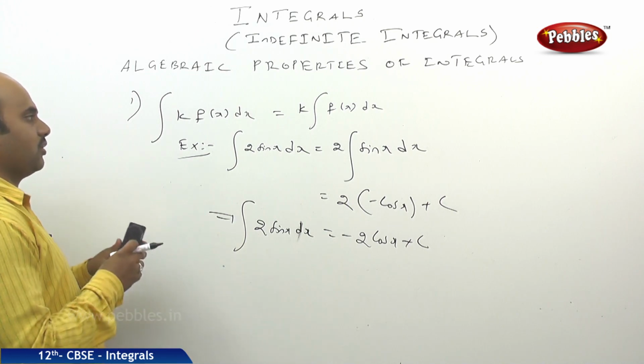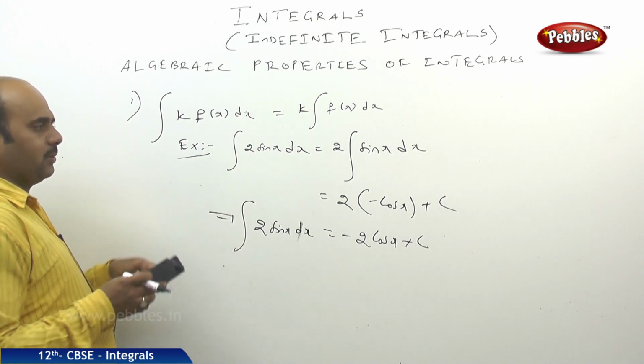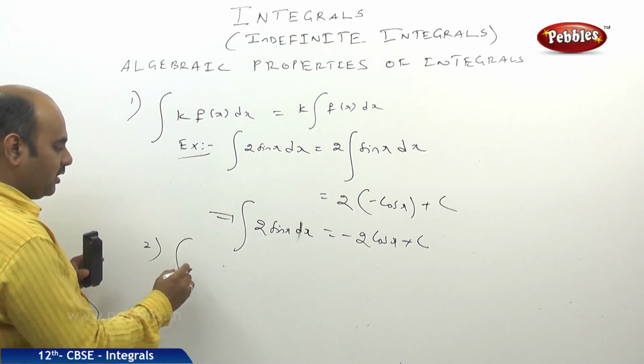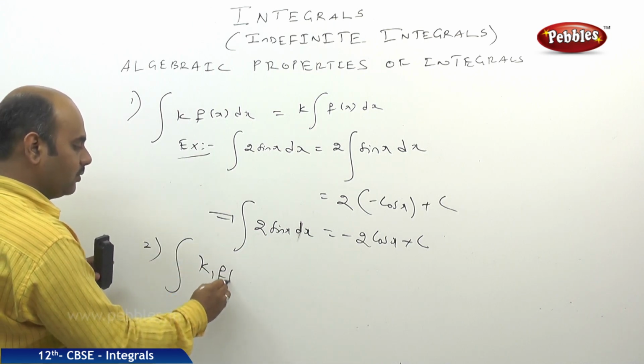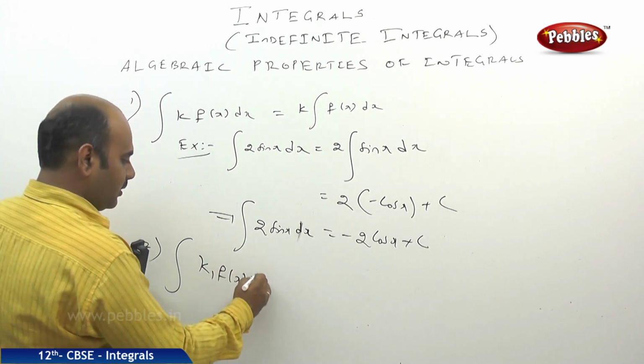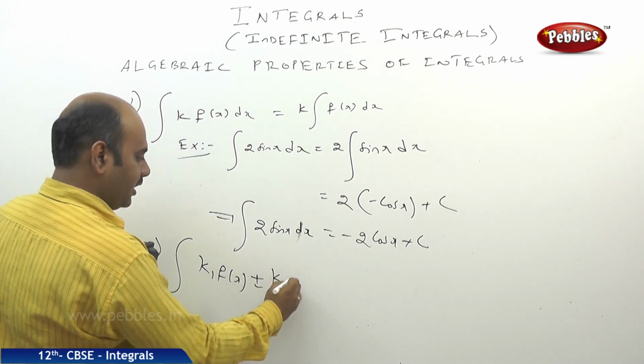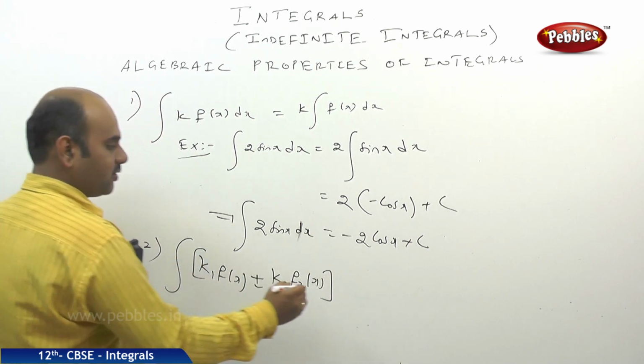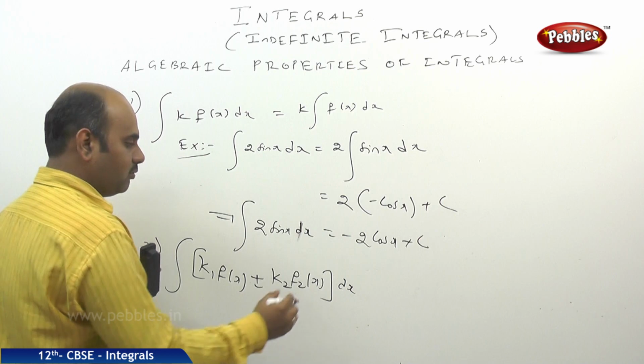Now another property is there like this. Integral of k1 into f1 of x plus or minus k2 into f2 of x dx is given to us. So how we will be writing?